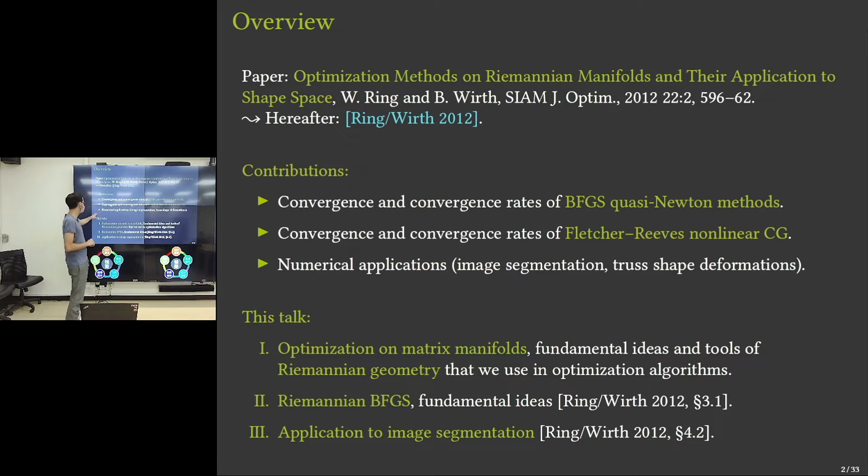And then they have numerical applications in, as I said, image segmentation, and also in the space of truss shape deformations. So this is what we are going to see: some fundamentals for doing optimization on manifolds, the Riemannian version of BFGS, and application to image segmentation.